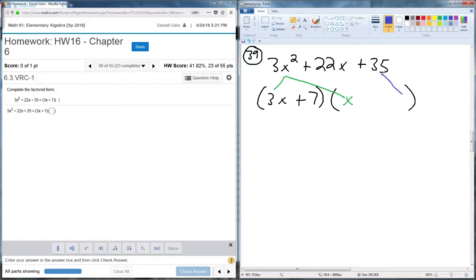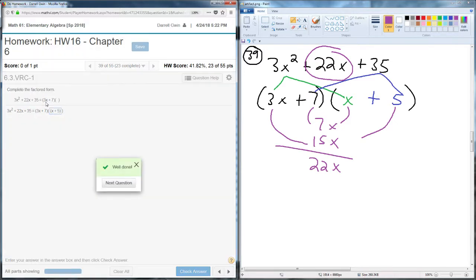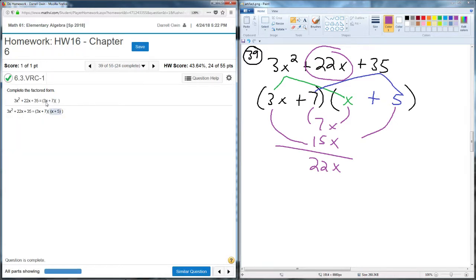Next, the last two: 7 times what equals 35? Well, 7 times positive 5. And last, the outer and inner: the inner is 7x, and the outer is 15x. They add up to 22x, which is the middle. So x plus 5. You would do it that method because it's only 3 times 1 that equals the front.